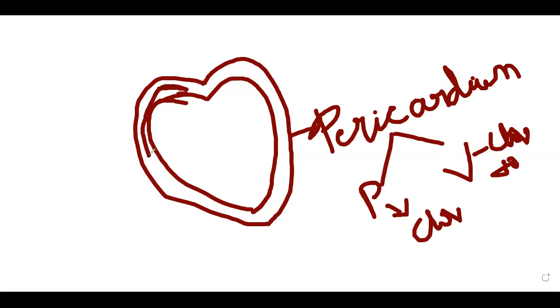Visceral pericardium is present close to the heart. Parietal pericardium is surrounding the heart. Between these two, there is a presence of fluid. It's called pericardial fluid, which acts as a mechanical shock absorber, prevents friction, and protects the heart.